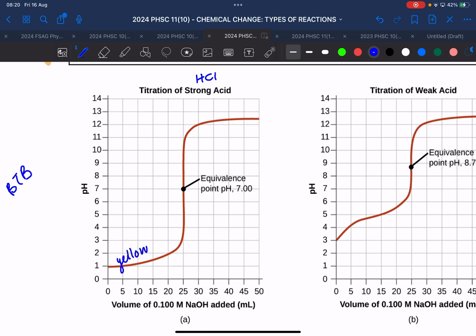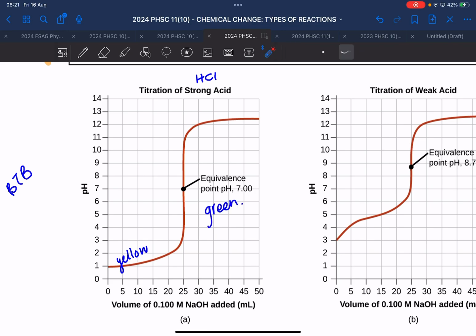Yes. Okay, and you can see the pH is very low, and that makes sense because we only have that strong acid. Then we slowly added the base, and then at one point, that one drop caused it to change color. That one drop caused it to be at equilibrium. What color was it? Green.